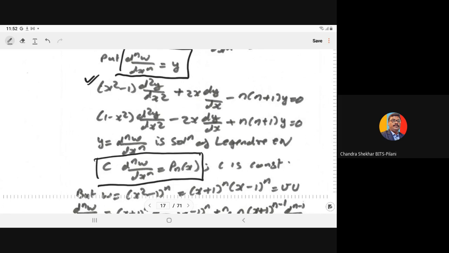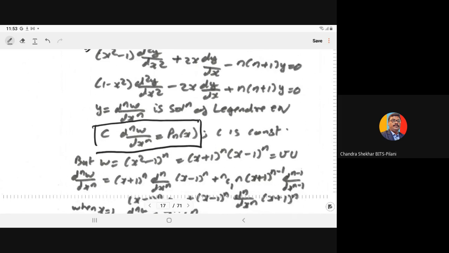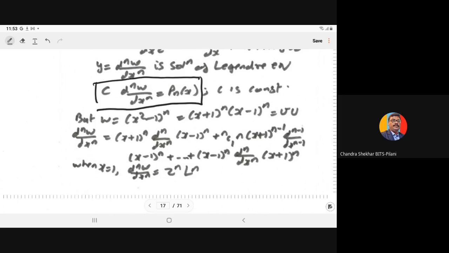Pn(x) is a constant multiple C of the solution, the nth derivative of w. Now C at x is equal to 0 we have computed as 2 to power n factorial n. So C will be 1 upon 2 to power n factorial n, that will come.